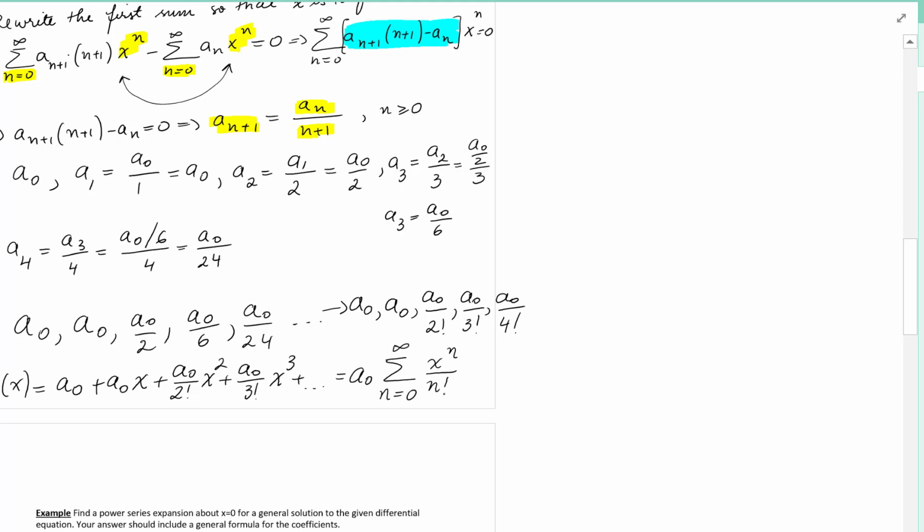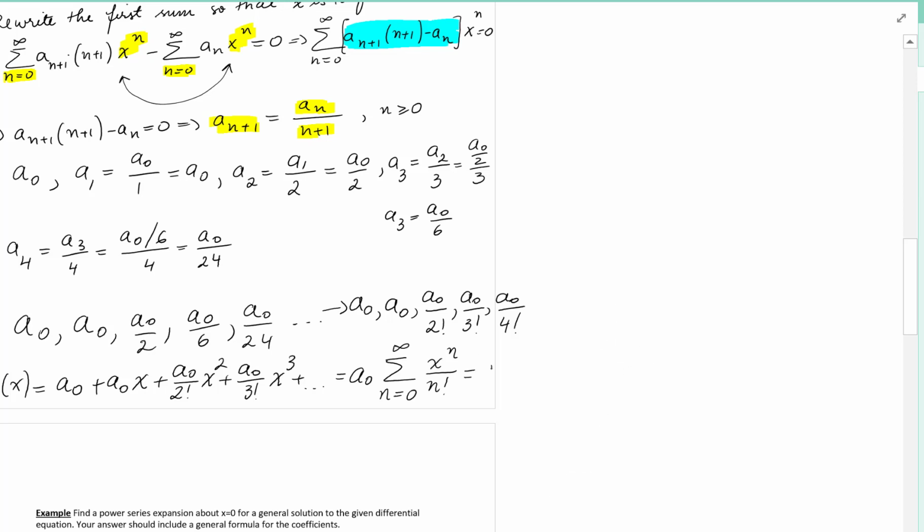Let me start plugging in numbers to see if it's right. If n is 0, I'm going to get x to 0 over 0 factorial. That is 1. And then if n is 1, I'm going to get x over 1 factorial. So I'm going to get the second term. If n is 2, I'm going to get x to the second over 2 factorial. So I'm getting all the terms.